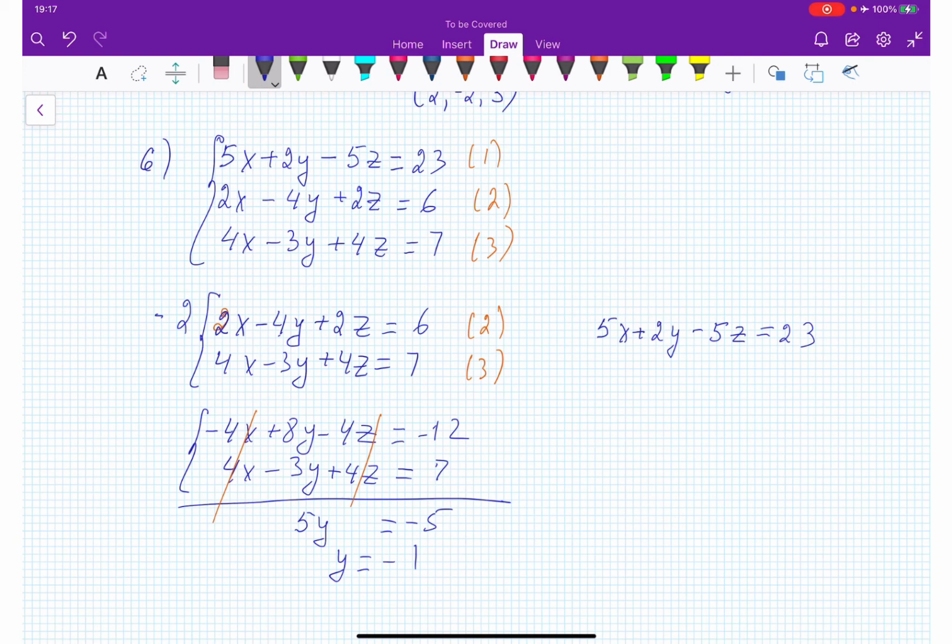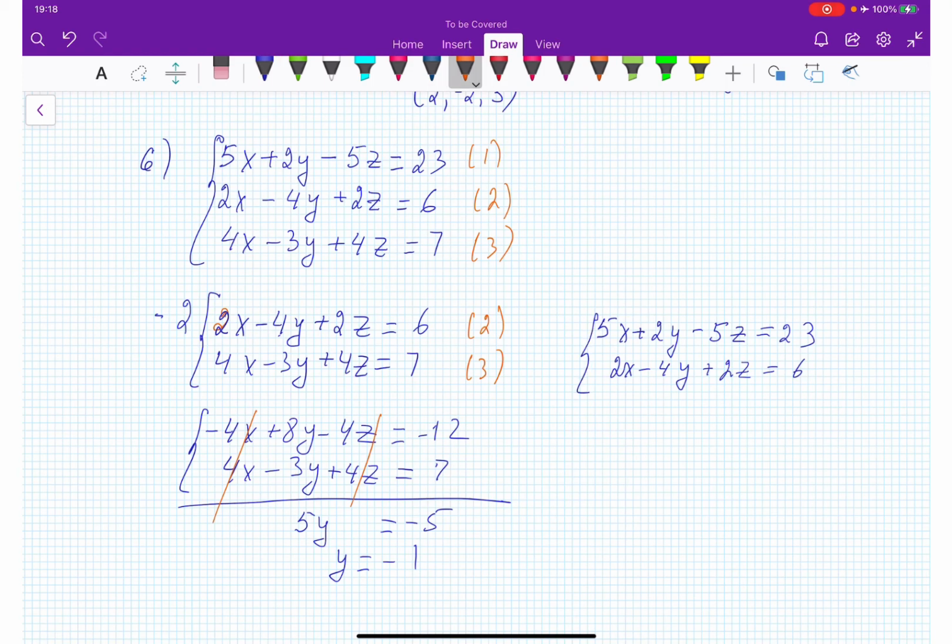And which one are we going to combine with the first one? Second or third? I would choose the second, at least smaller coefficients, 2, 4, 2, easy coefficients. 2x minus 4y plus 2z equals 6.